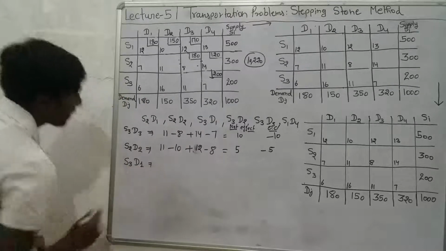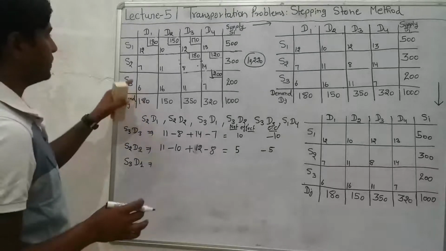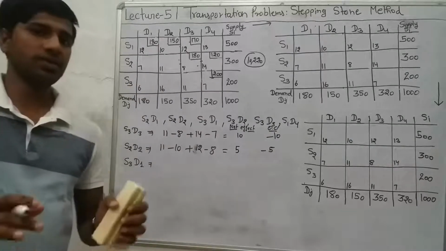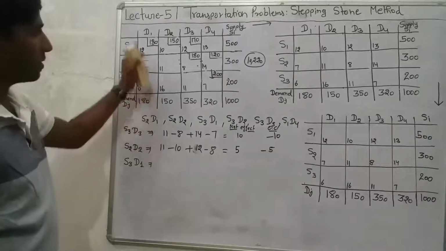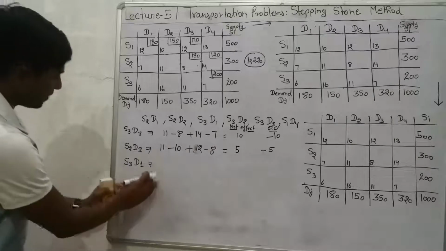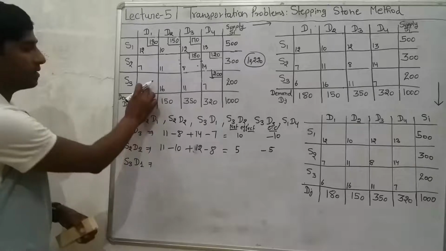S3D1. Okay. Remember that while drawing a closed loop, you can move clockwise or anti-clockwise. It totally depends on you, on your will. You can move either clockwise or anti-clockwise. Like now we are calculating opportunity cost for cell S3D1, it means this cell.